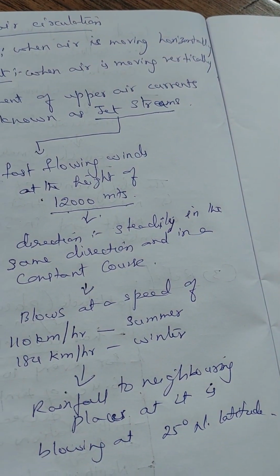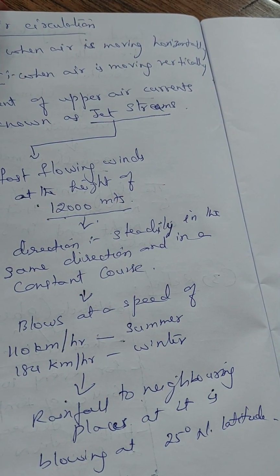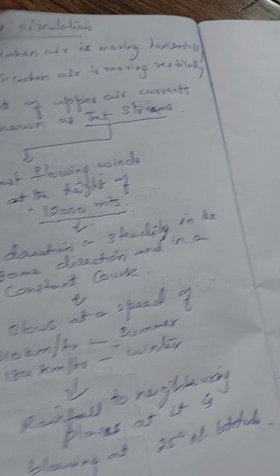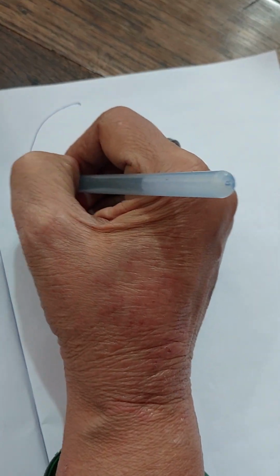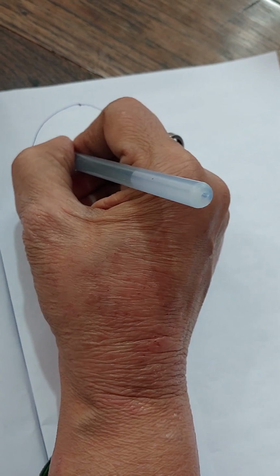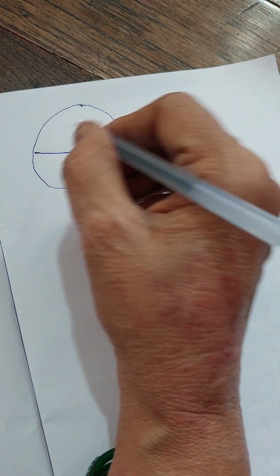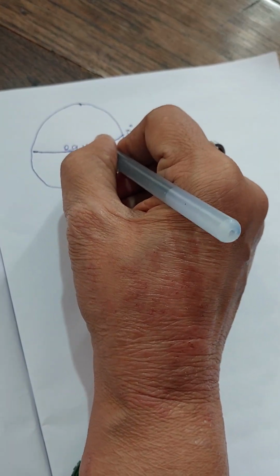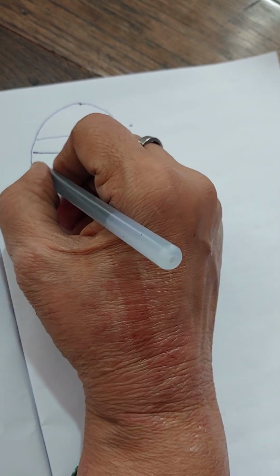Now in this upper air circulation we'll also understand the trade winds. Again with a diagram I will explain, children. Now see, I just draw a figure for you. This mechanism takes place in the northern hemisphere, children. This is the equator as usual, and you all know this is a tropical zone.